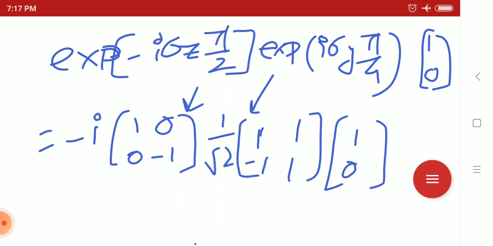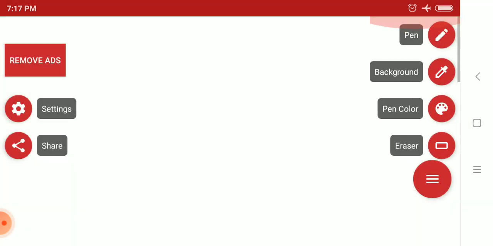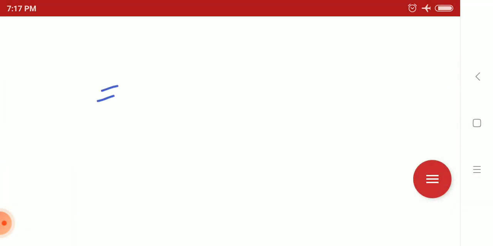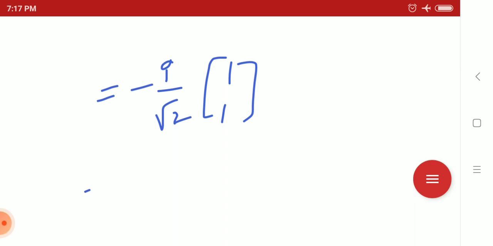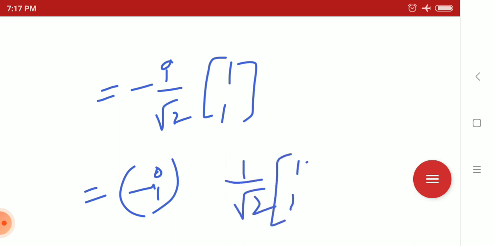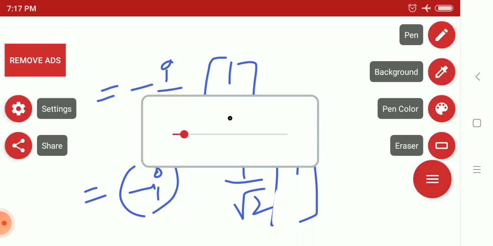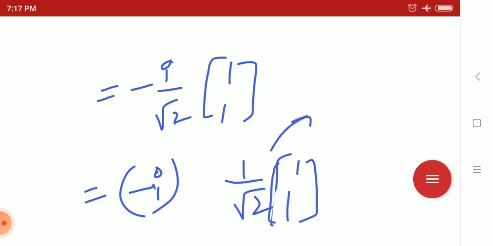Now after the total matrix multiplication, first multiply these with this, then multiply these with this. After the total matrix multiplication, you will get −i/√2 [1, 1]. If we take −i as a constant, then what remains is some constant into 1/√2 [1, 1].